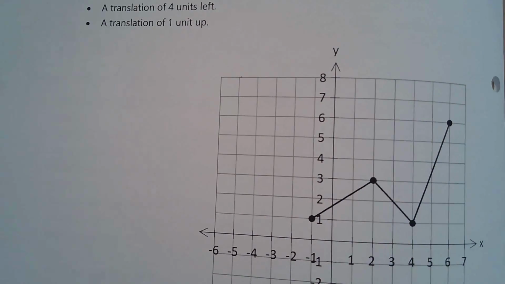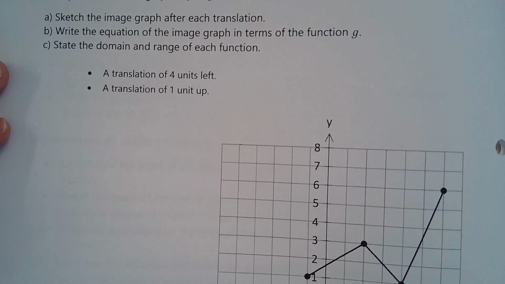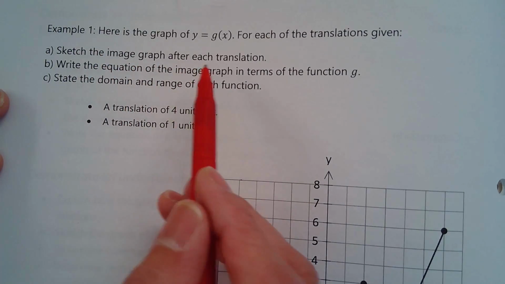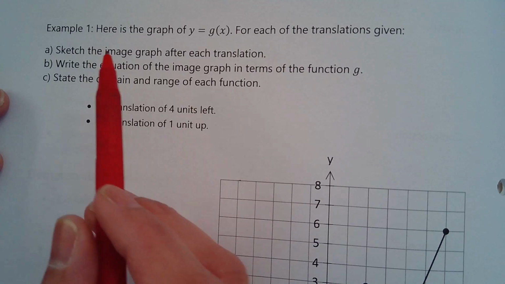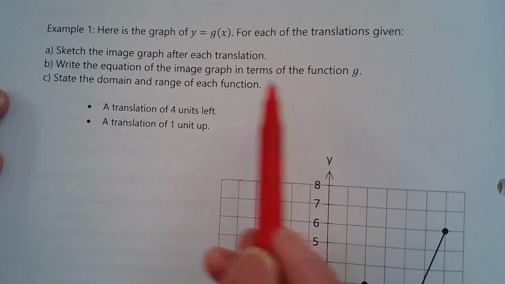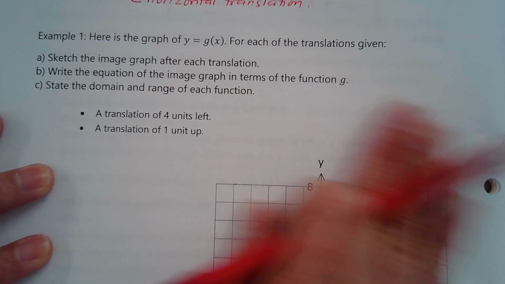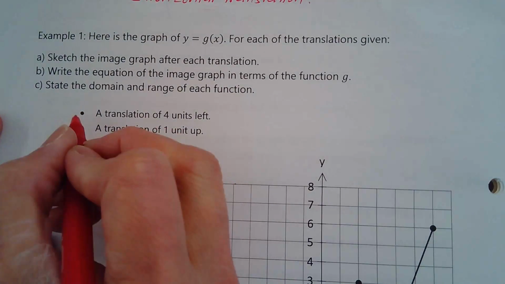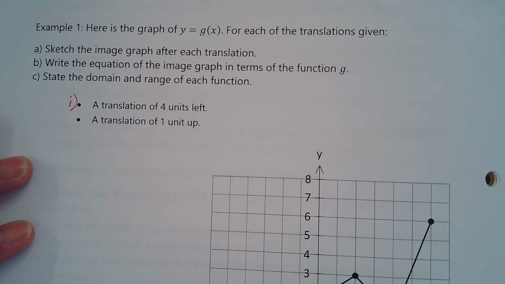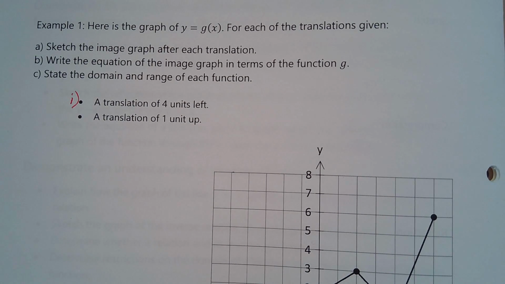This is not one of our typical graphs that we've seen, but what we wanted to do is sketch the image of the graph after each translation, write the equation of the image graph in terms of the function g, and then state the domain and range of each function. So we're going to start with the first one first. It says here, translation 4 units up. So translating 4 units up.